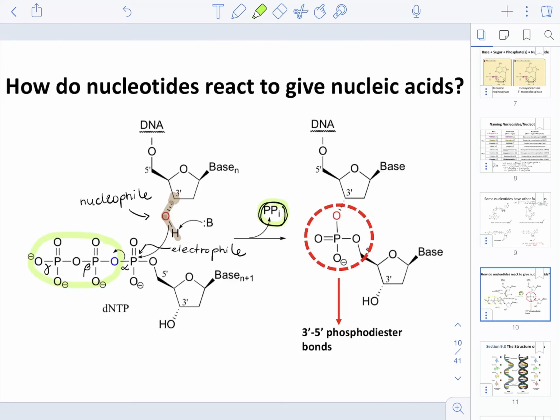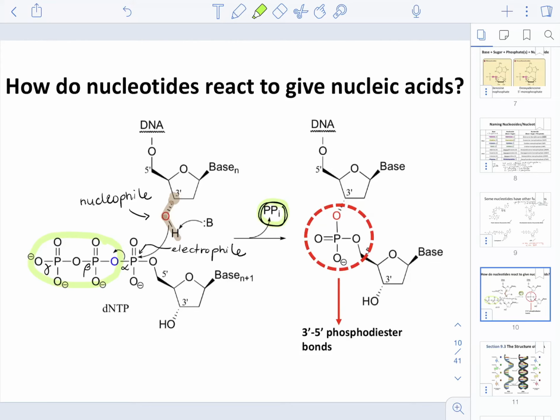And now what results is that we have a covalent bond that is formed between the 3' carbon, specifically at the oxygen atom, bonded to the phosphate that is present on the 5' carbon in the sugar motif of the nucleotide that is entering the system.